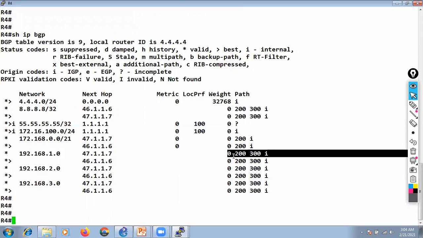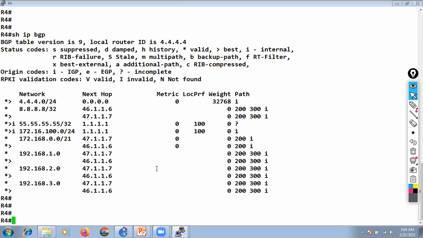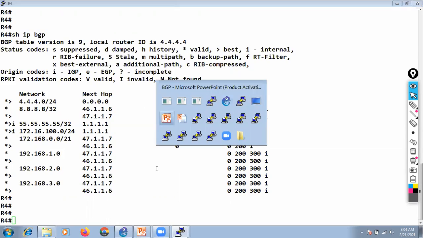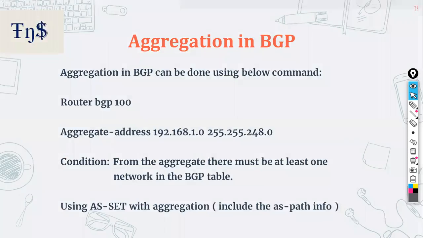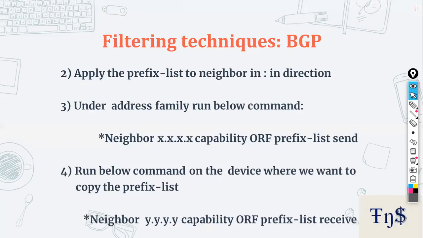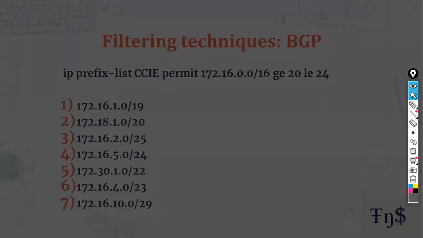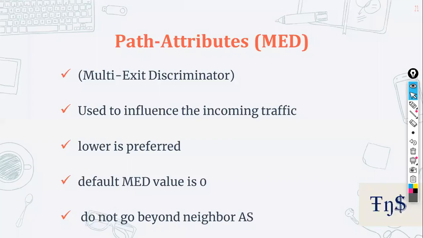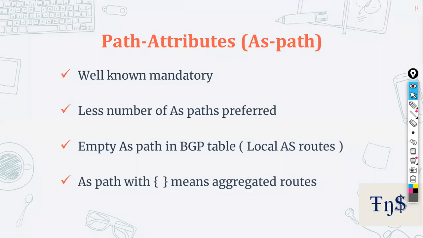If you remember the path selection criteria, let's go back to our slide. Path selection criteria. Let me go back a bit. Here it is. So here we have the path attributes.